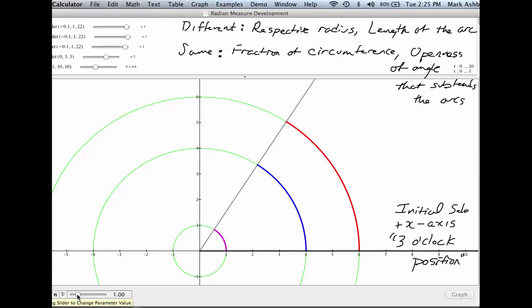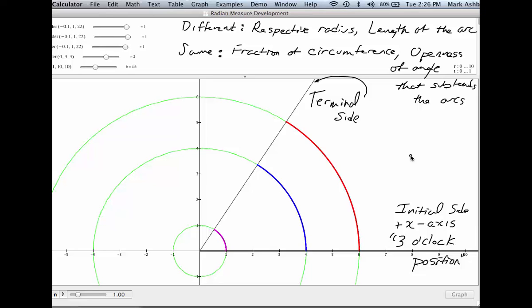Where we stop, that's the terminal side of the angle. So the initial side is the positive x-axis, the 3 o'clock position, and wherever we stop sweeping counterclockwise, that's the terminal side of the angle.